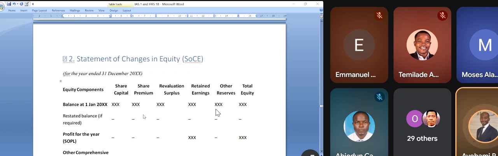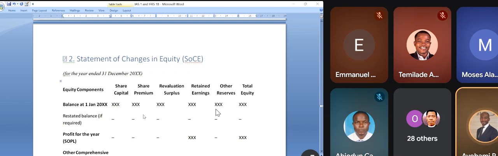You understand? So when you are adding to it, there is likelihood that you are going to have what we call share premium. Share premium is like a gain when you make further additions to the existing shares. For instance, if your current share is being traded for 1 naira per share, and you have 100,000 shares, and it's being traded for 1 naira.